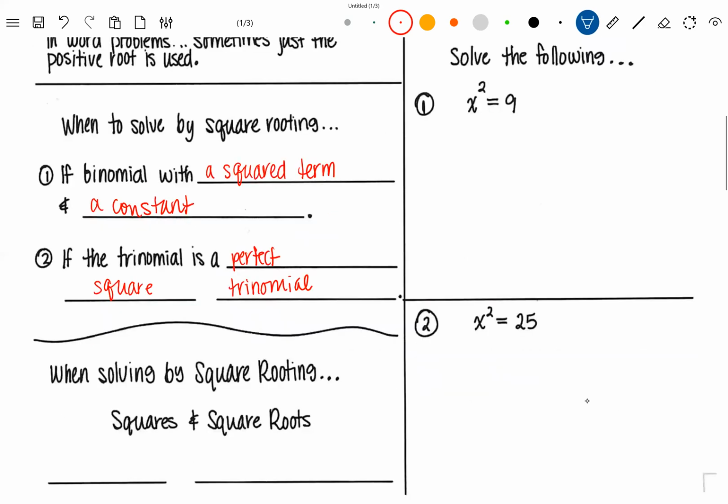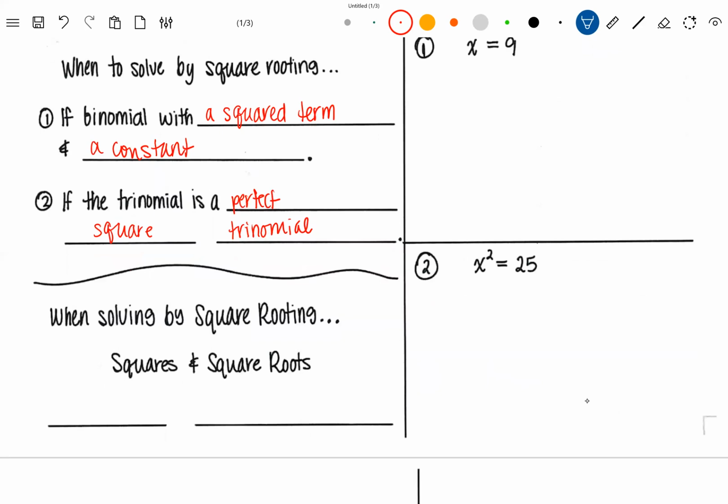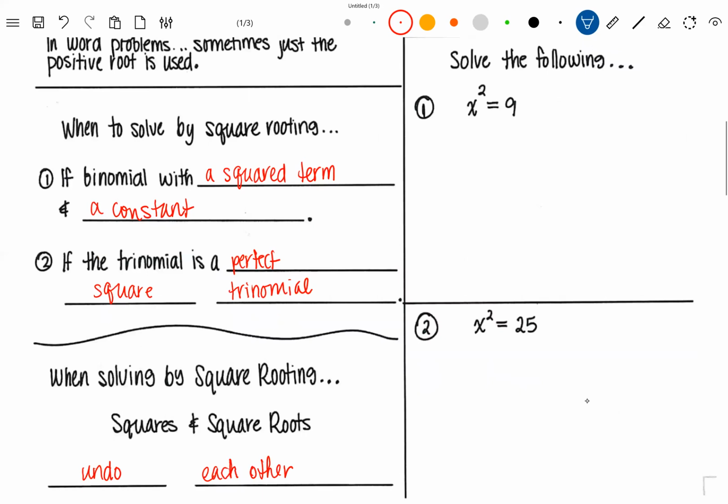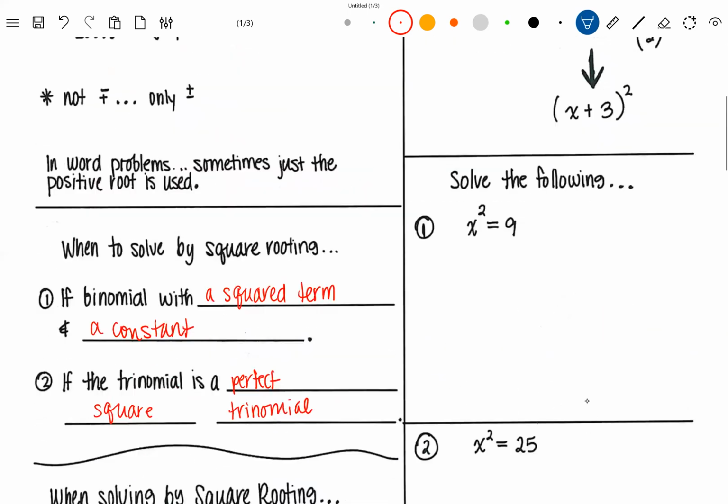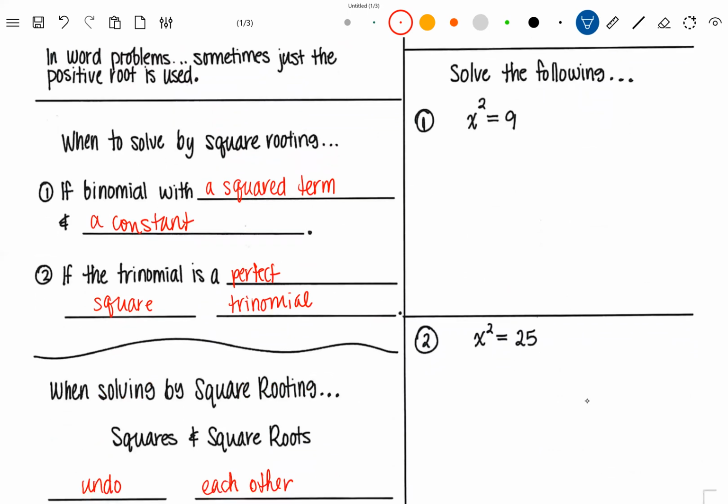Okay, so when solving by square rooting, what you have to remember is squares and square roots undo each other. So before we go on to the perfect square trinomial pattern, we're going to do a few examples. The first one says solve the following.